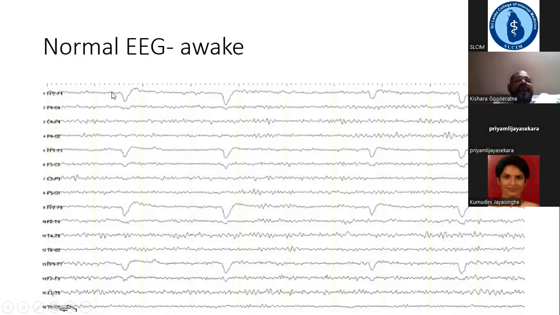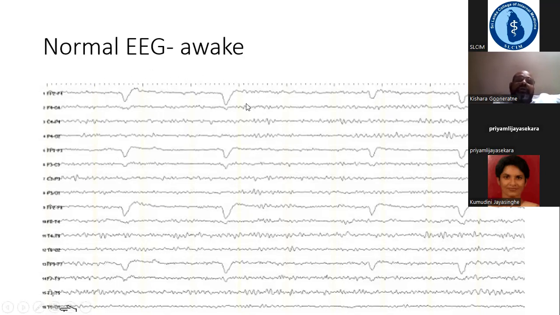Now, if you notice on the top, in the anterior leads, there is a drastic downward deflection that has occurred, right? These are what we call artifacts.